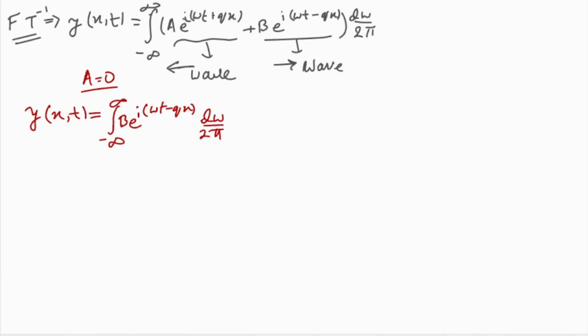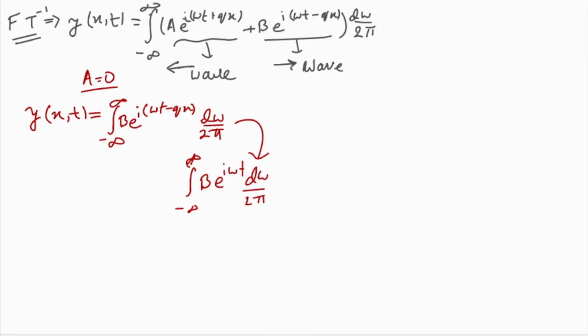Now what next? If we look at this very close, we can see that if we put x equals 0 and apply the boundary conditions, then we get something like this: the integral from negative infinity to infinity of b e to the power i omega t, d omega by 2 pi.